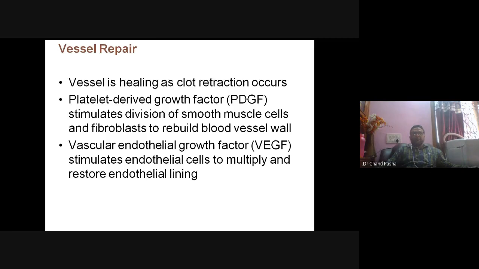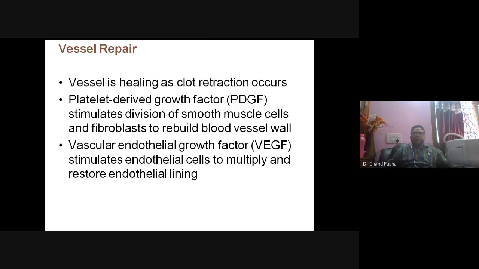Once damage has occurred, the cells adjacent to the damaged cells will divide, and fibroblast cells also help in this process. And as they grow from both sides, they will attach at one side, so that the damaged area is completely healed.